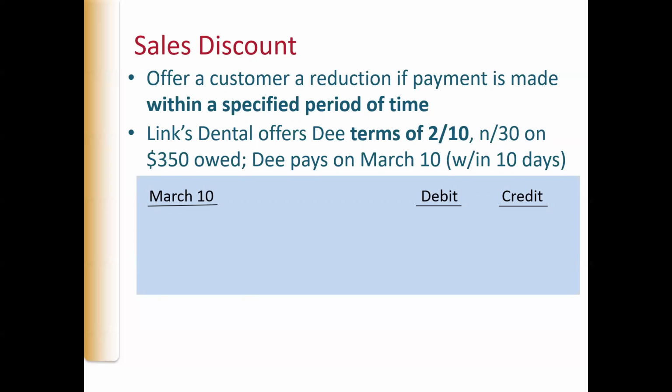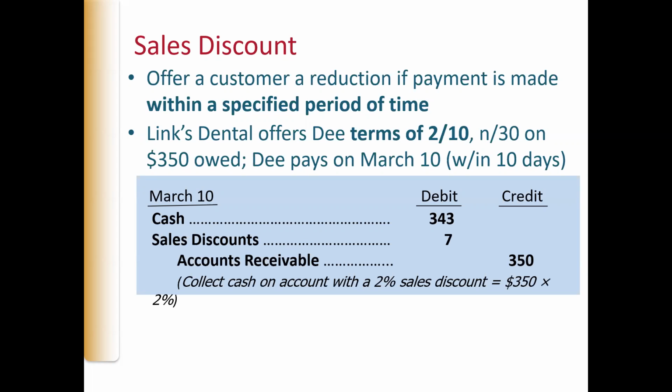Dee pays on March 10th, which is within the 10 days. So what we're going to do is we will debit the cash of what she paid, $343. We will debit the sales discount of $7, the 2% of the amount she owed, and we credit the accounts receivable for the entire $350, which clears out her receivable account.